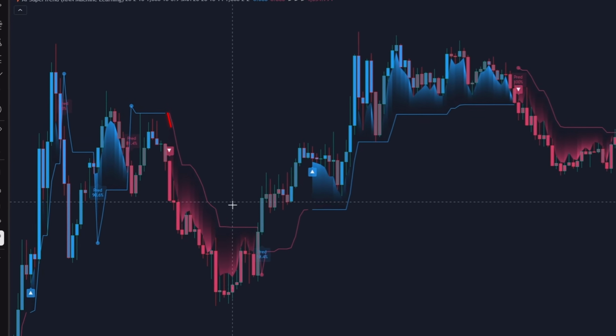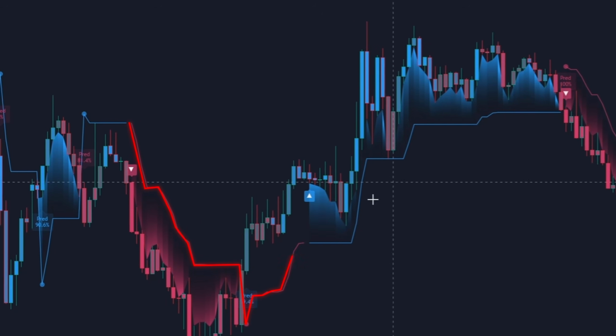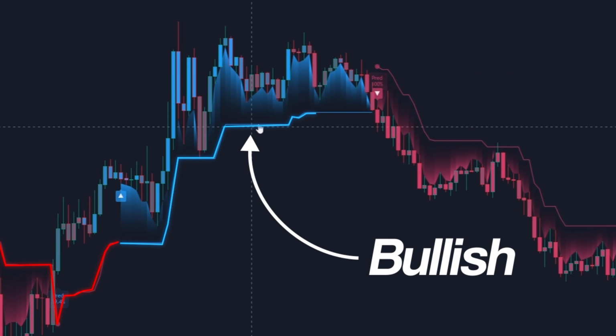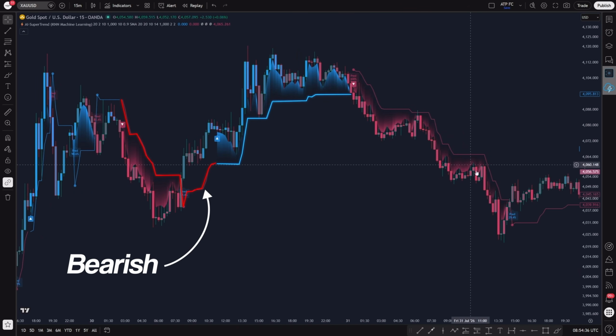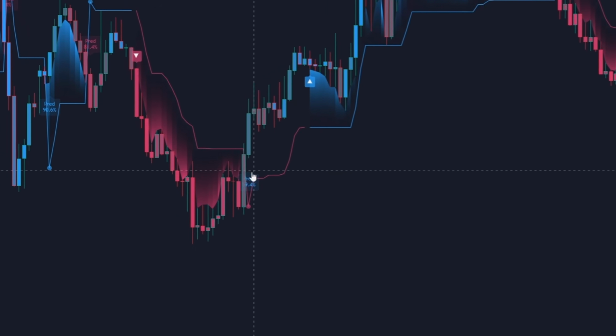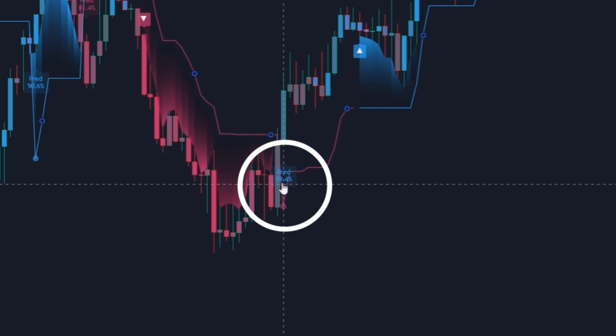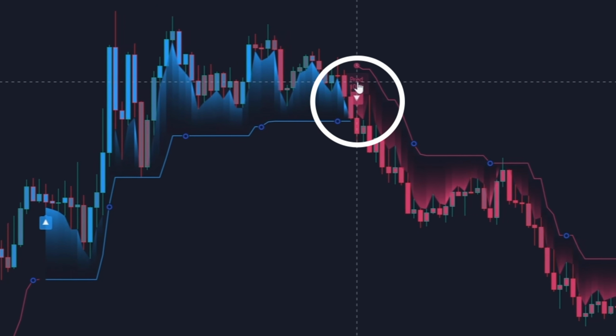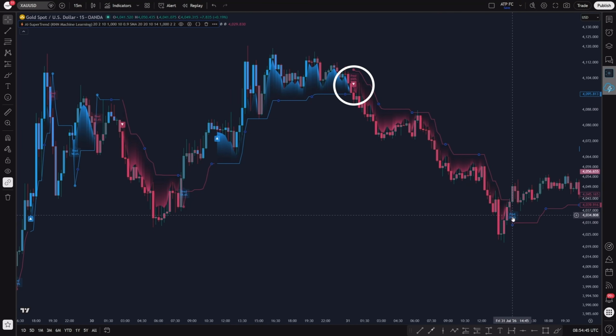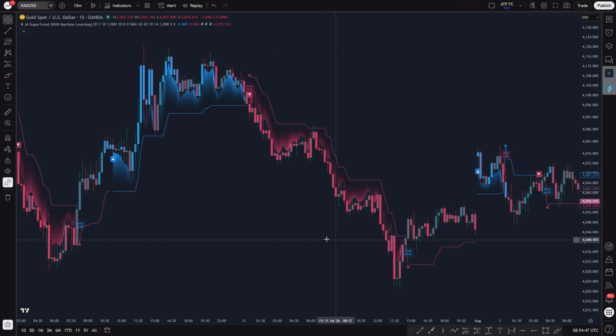On the chart, it is plotted as a single line with 2 colors, blue when the trend is bullish and red when it's bearish. But there are 2 extra layers on top. First, small labels that pop up at key points showing the AI's prediction that the current trend read is correct.